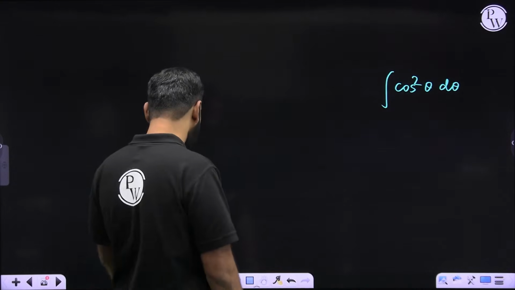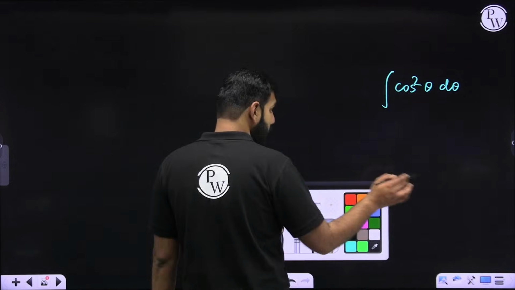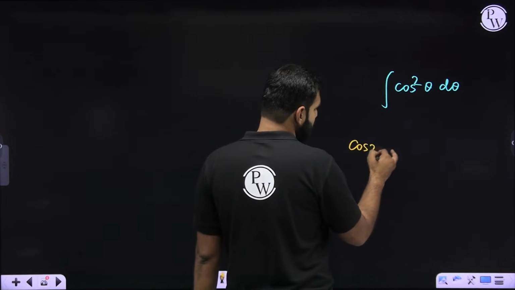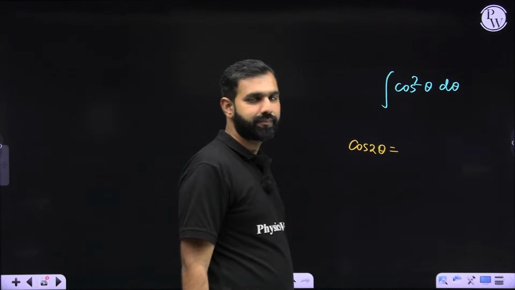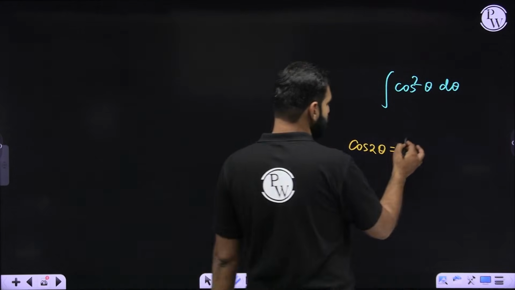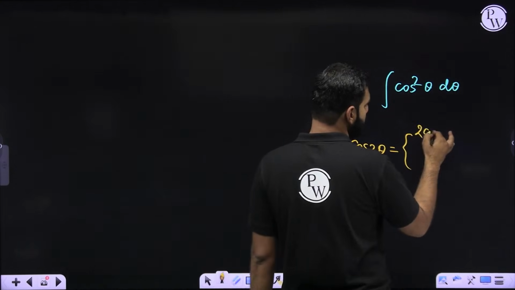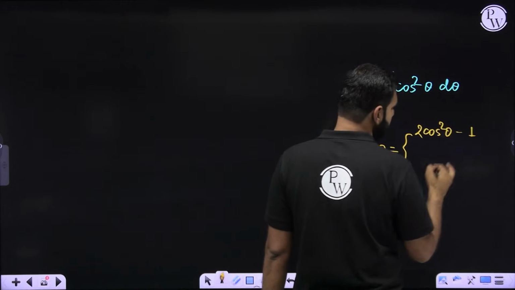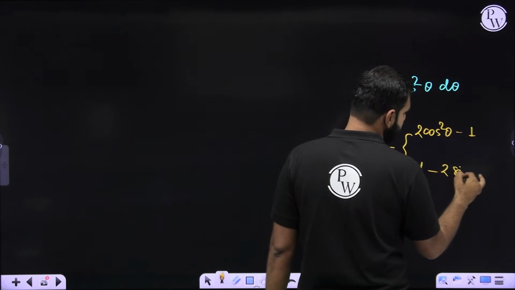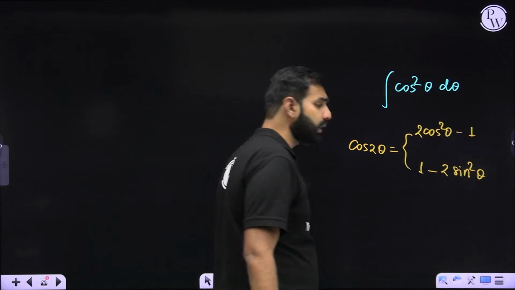For example, if I could make you recall something very crucial from Trigo, do you not remember cos 2 theta had 3 variants, out of which 2 are very crucial ones as far as integration is considered. Cos 2 theta we used to write as 2 cos square theta minus 1, and here 1 minus 2 sin square theta as well. Do you remember that?